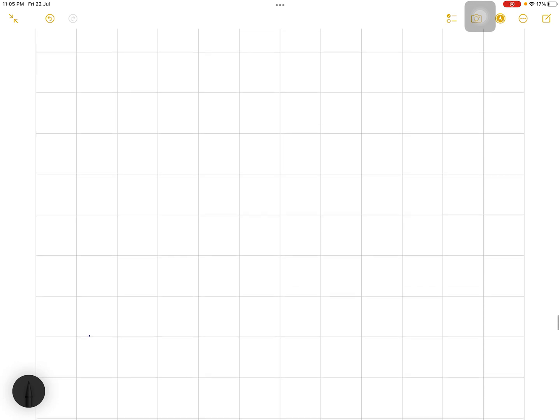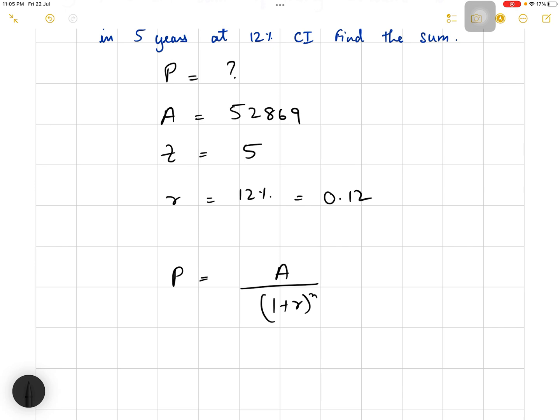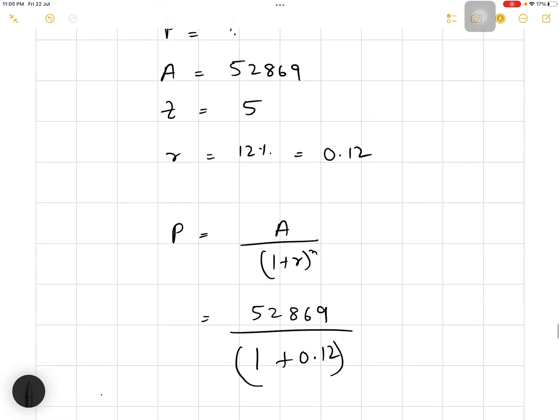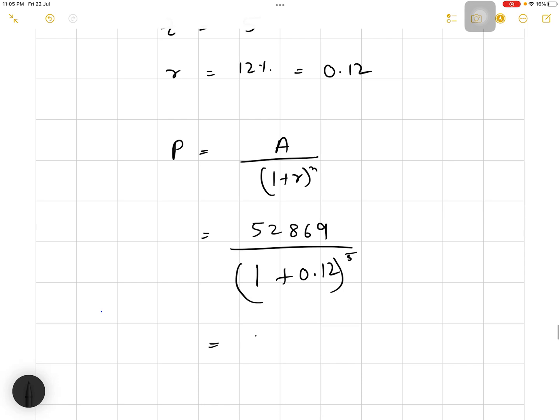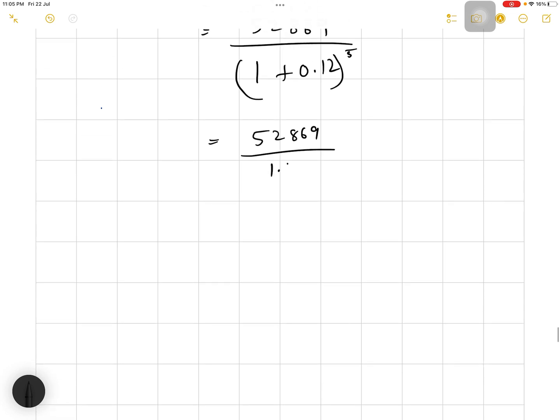So A is 52,869 divided by (1 plus 0.12) raised to 5. This can be written as 52,869 divided by 1.12 raised to 5.